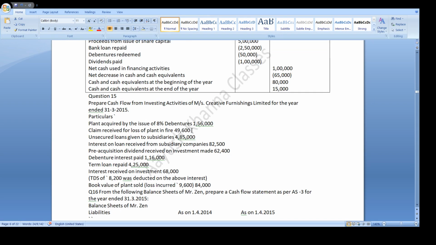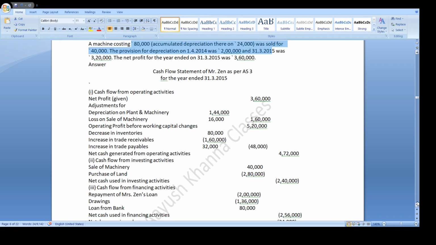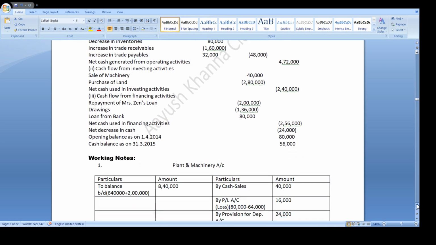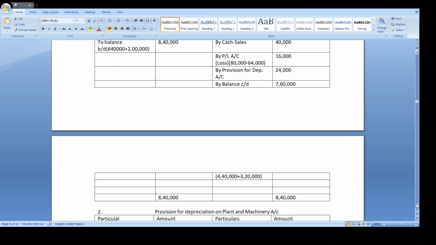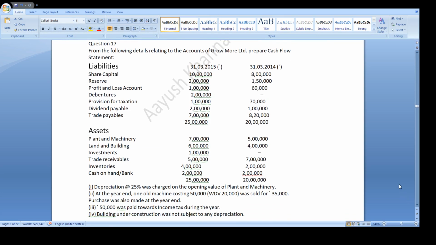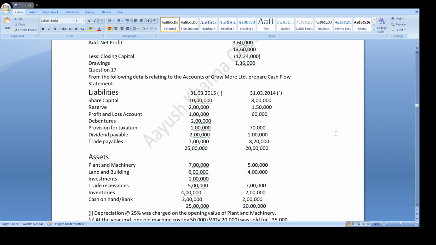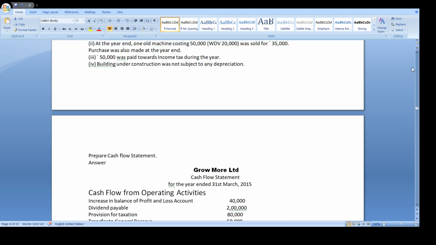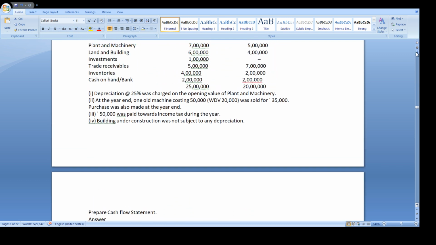Question number 15 was done, I suppose. Question number 16 is also done. Question number 17. Have a look at the adjustments.